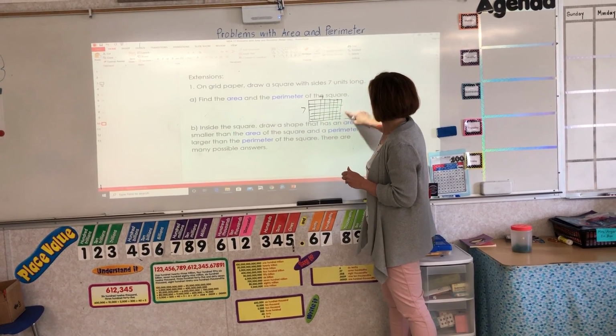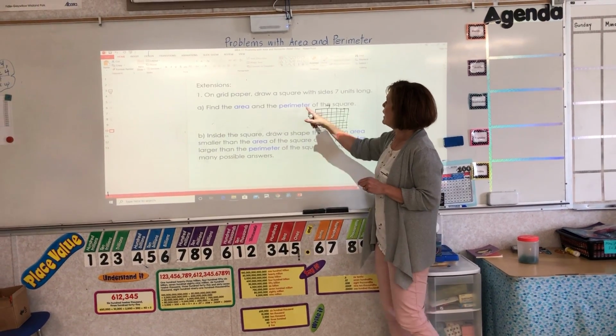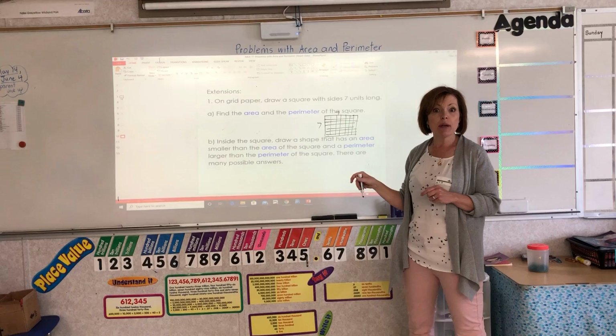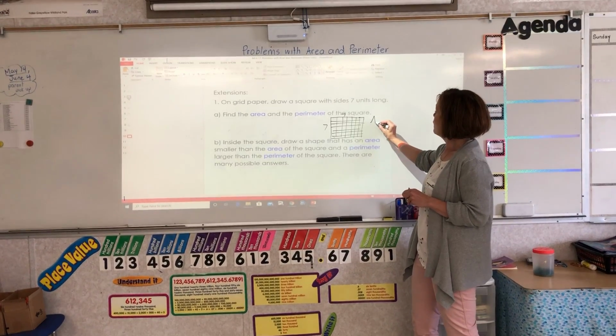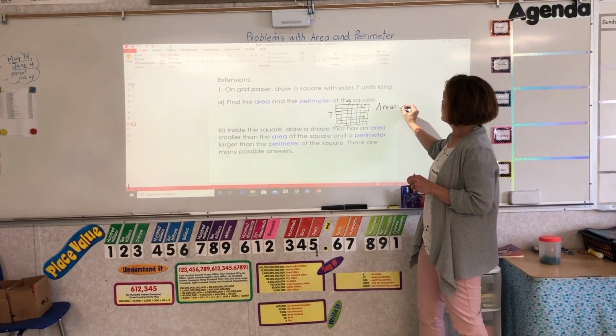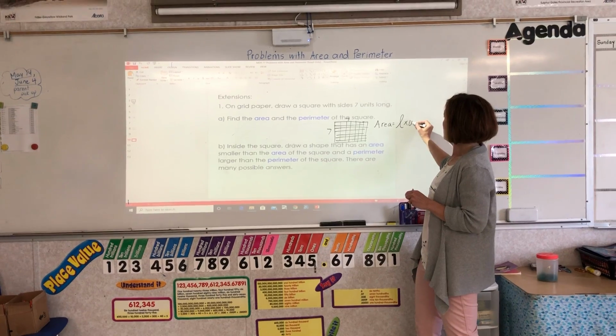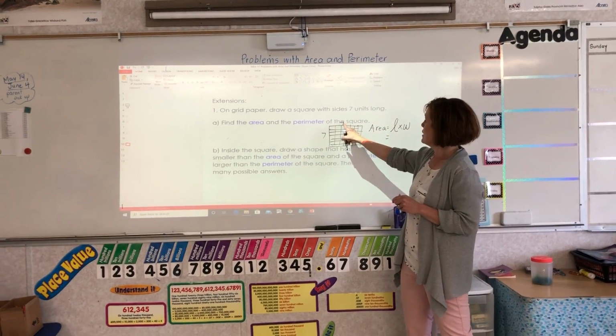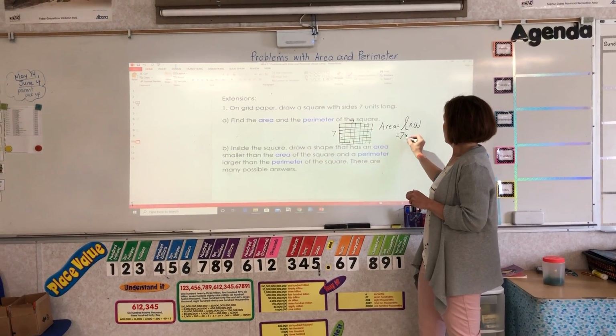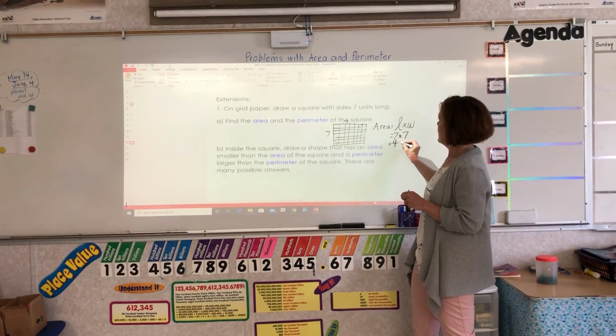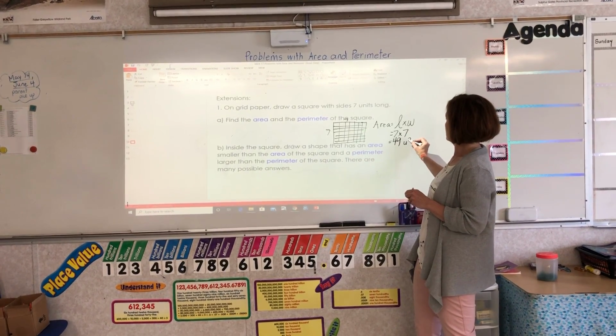Let's just pretend that's a really nice square. And then find the area and the perimeter. Well, I know the formula for area equals length times width. So that's equal to 7 times 7, and that is 49 units squared.